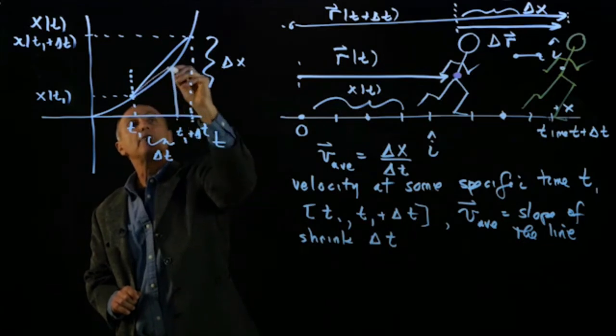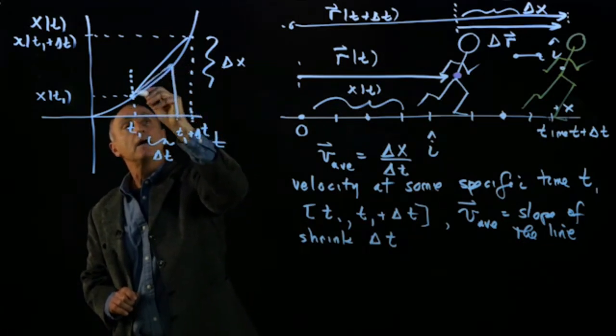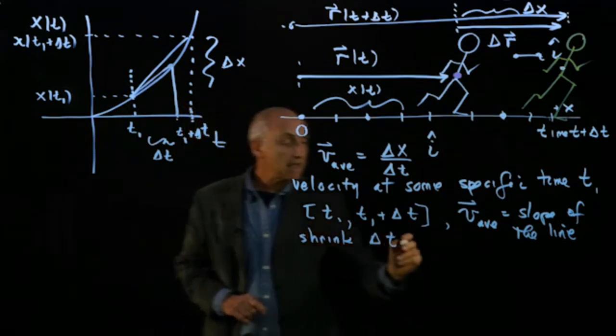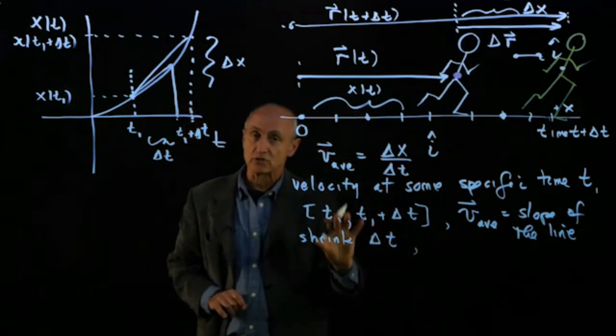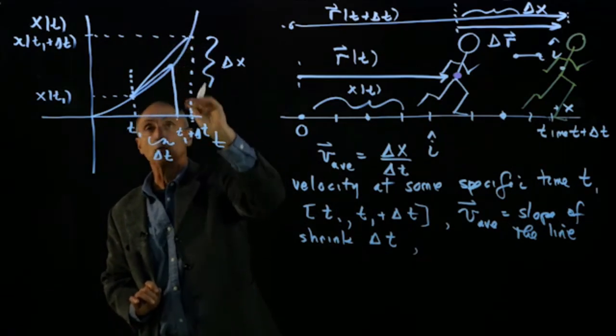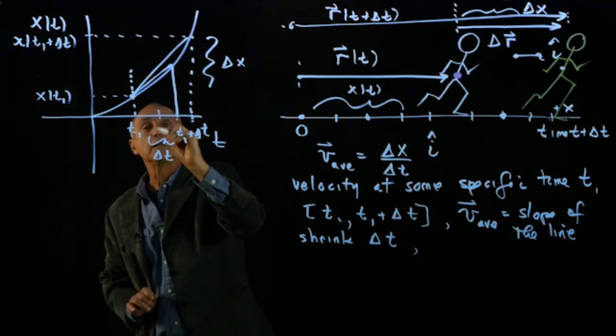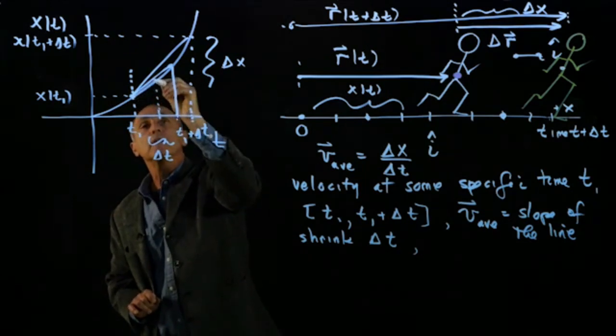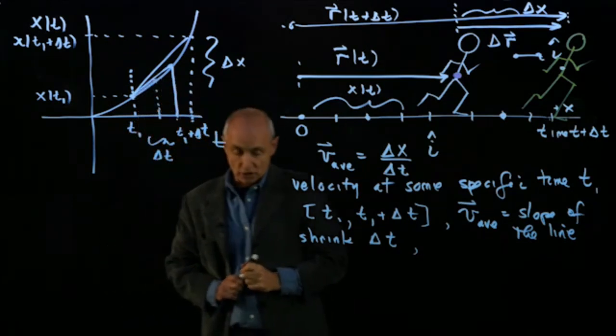Then our average velocity represents that slope. And again, we keep on taking a limit. So now we have another slope. We have one slope, two slopes. And now we shrink again to a new delta t. And you can see that the slope is changing.